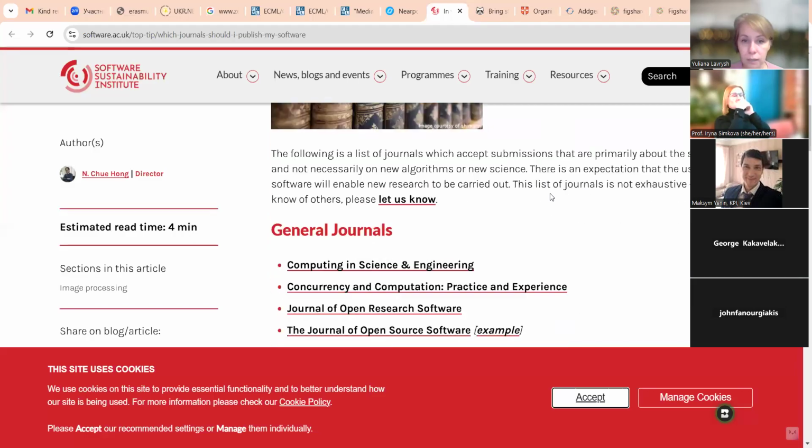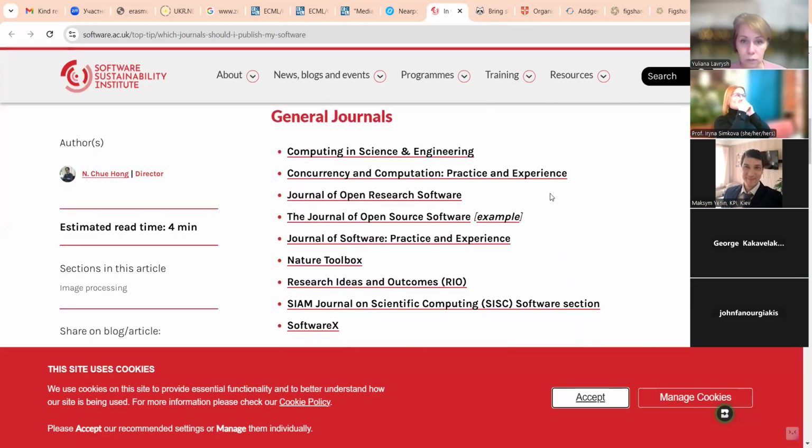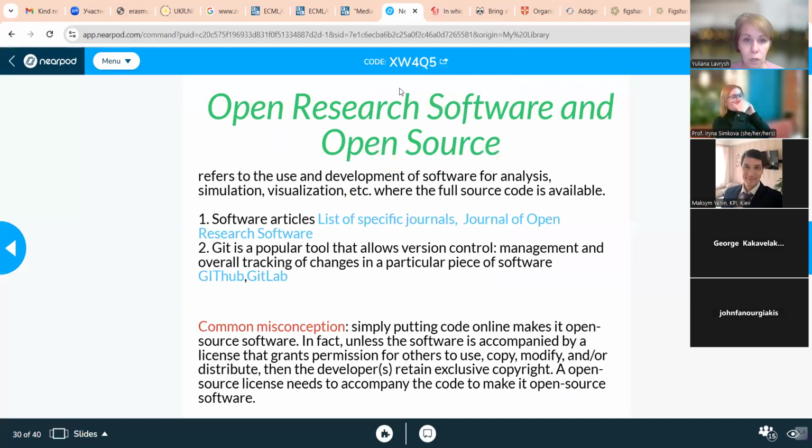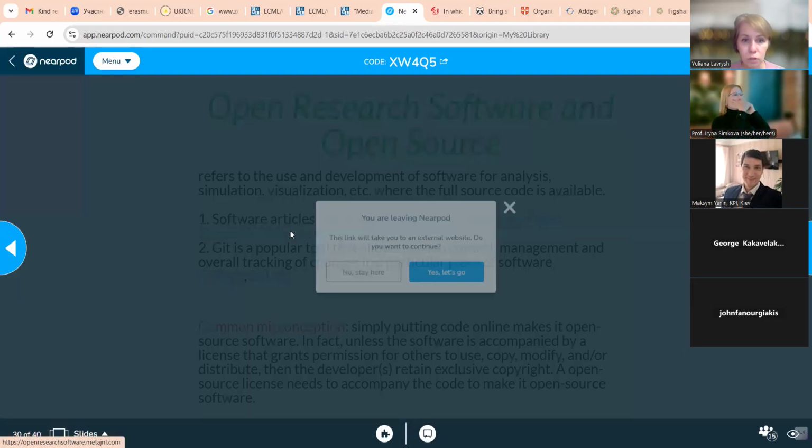They also contain a lot of information and journals. For example, here you can see this short list, which matches your need, your interest, the topic of your research. Just open and find the software which you need, or research software.